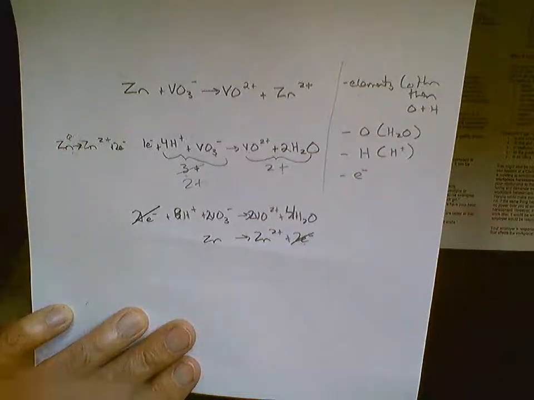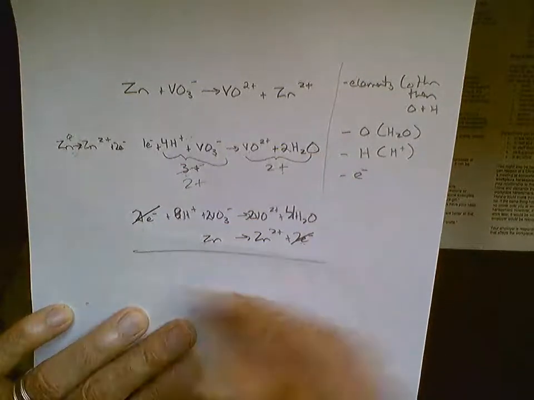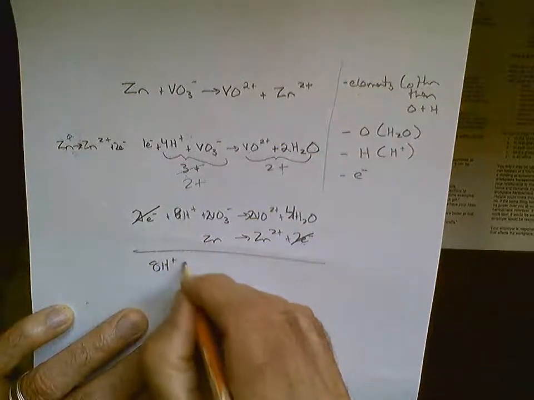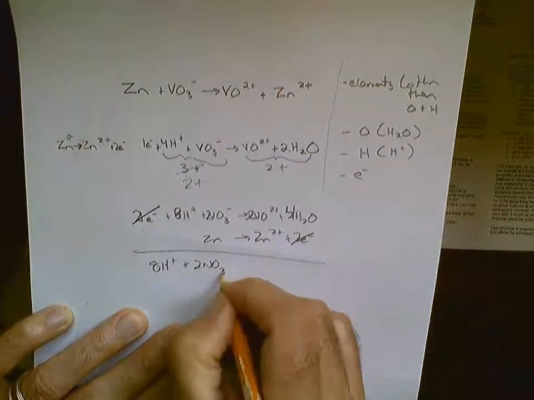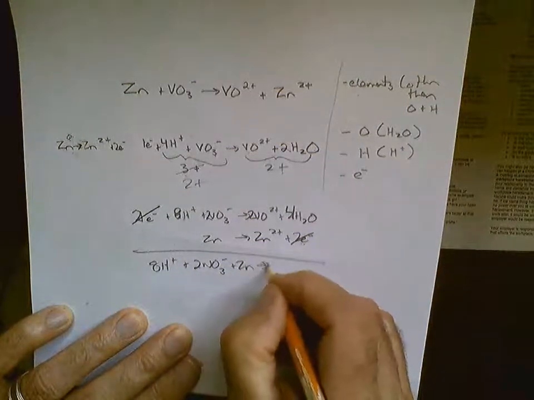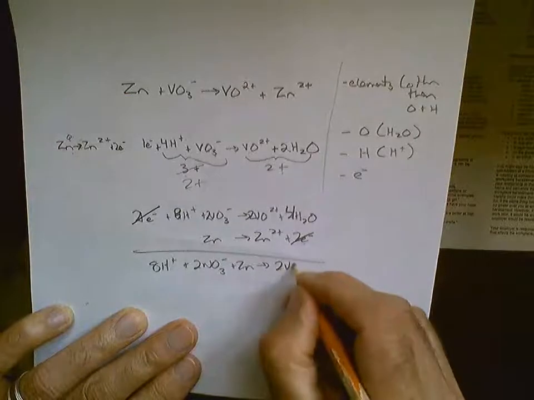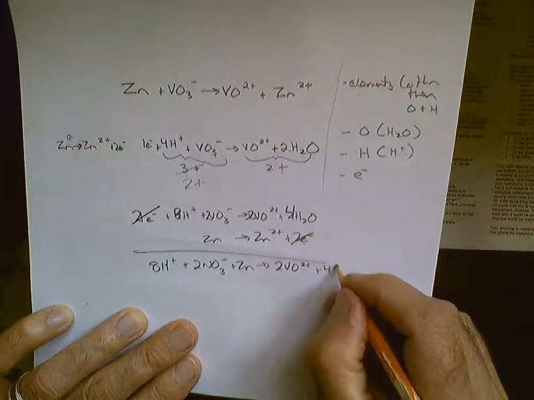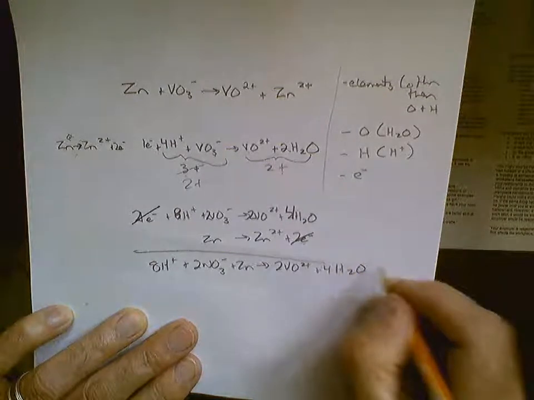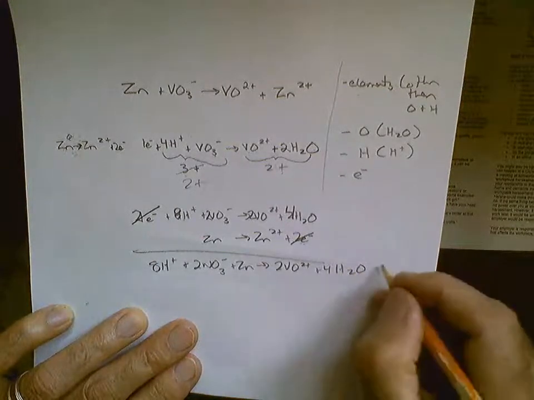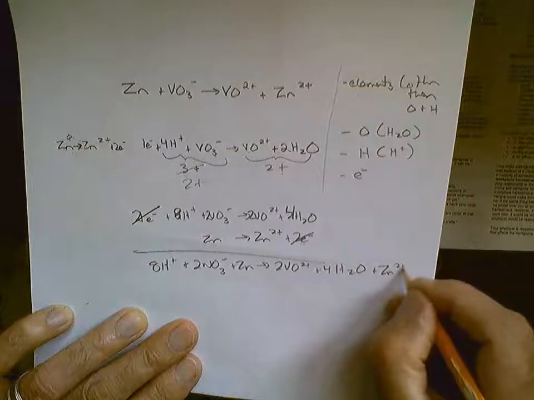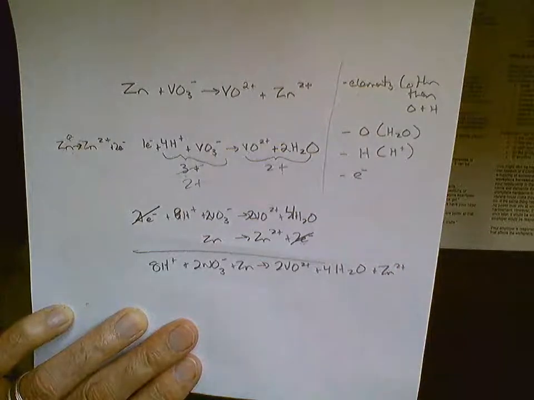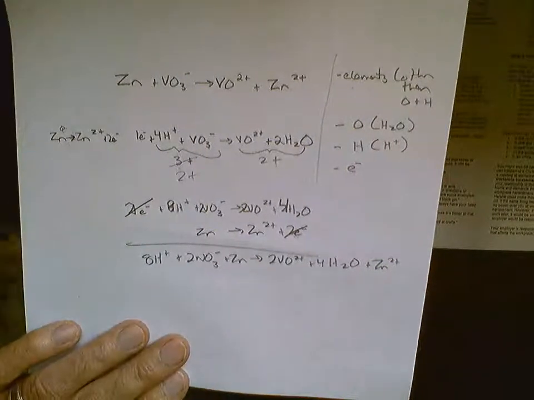If there's other things like H pluses or waters you can cross out, you can get rid of those. I think that's it.